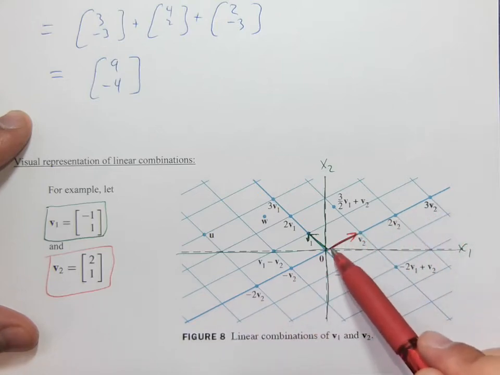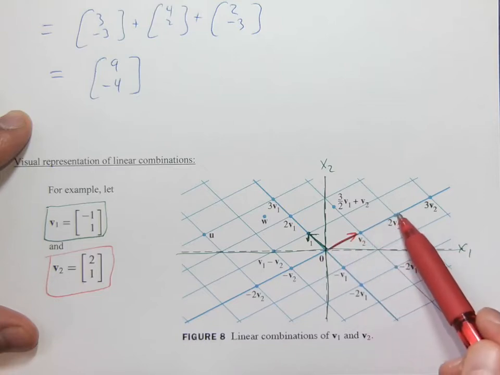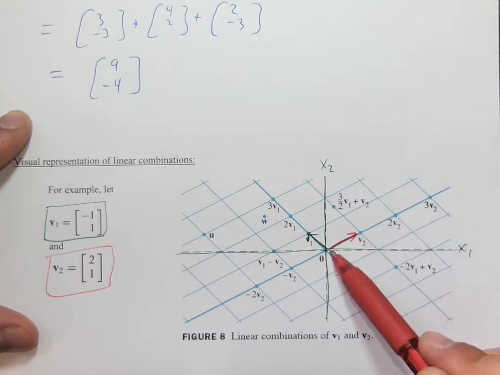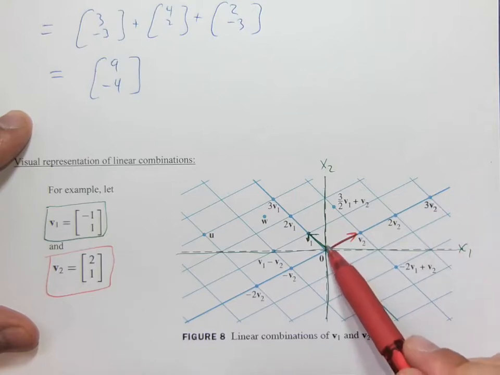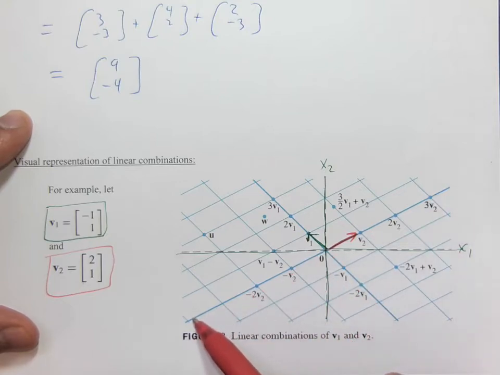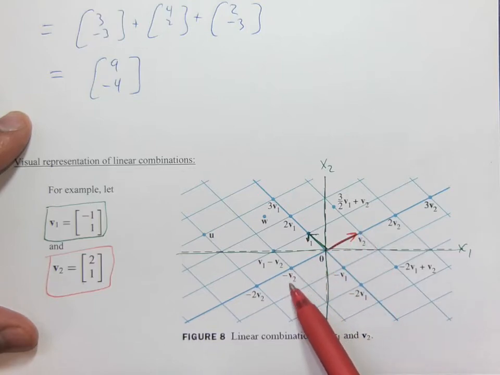If this is v2 right here, then 2v2 would be stretching that out twice as far. 3v2 would be stretching it out 3 times as far. 4v2 would be going even farther. And going the other way is multiplying by negatives. So if we multiply by negative 1, this v2 flips around and goes the other way. If we multiply by negative 2, it flips around and goes twice as far the other way.